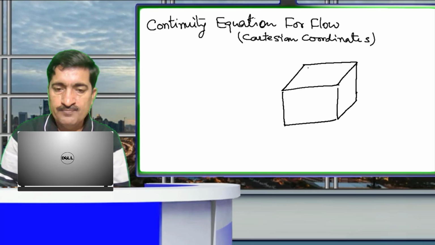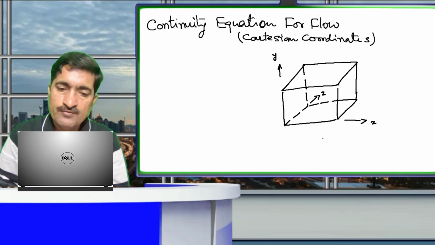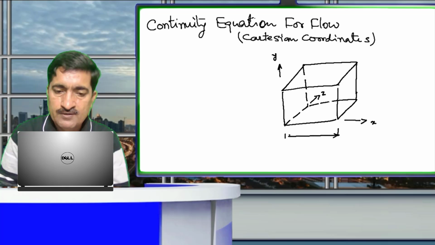This is the x direction and this is the y direction, this is x and this is the z direction, and the dimensions of this element are delta x, delta y, and delta z.